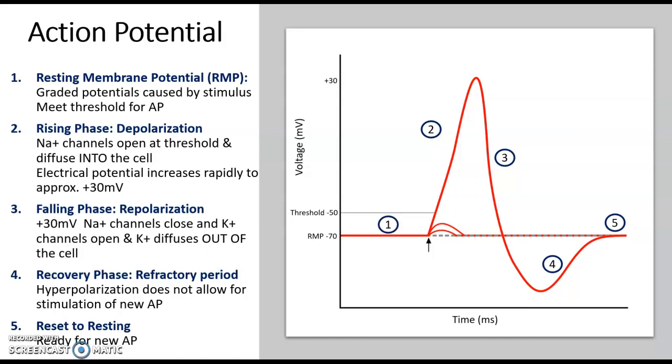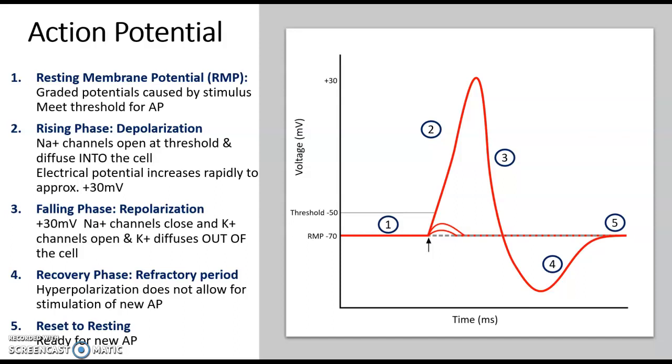Depolarization occurs when the sodium channels open at that threshold and sodium is allowed to diffuse quickly into the cell, which causes the spike in this graph, moving us through area 2 and takes us to the top of that peak at about positive 30 millivolts.